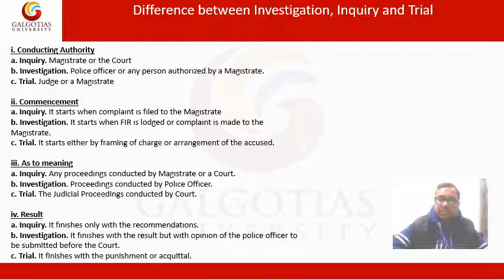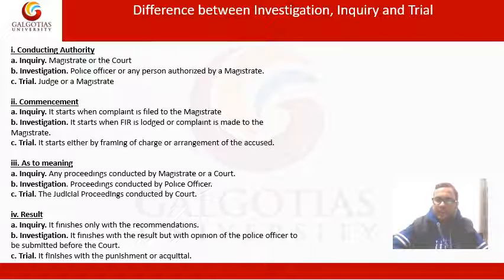The result of investigation is when it finishes, with the opinion of the police officer. The police officer submits this opinion of the investigation process and the conclusion of the investigation process in the form of a police report to the court.